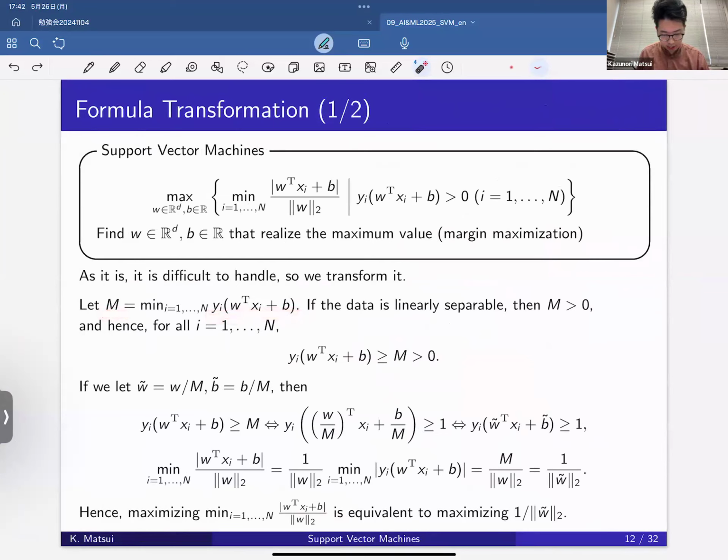Since we assume the data is linearly separable, this m is positive. And the yi times wxi plus b for each point is greater than 0.